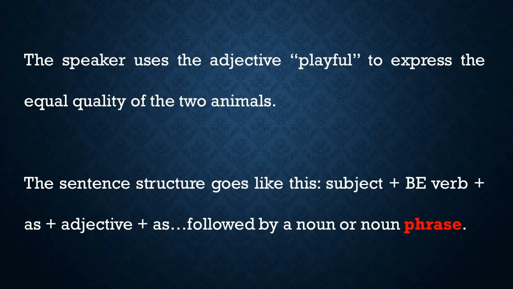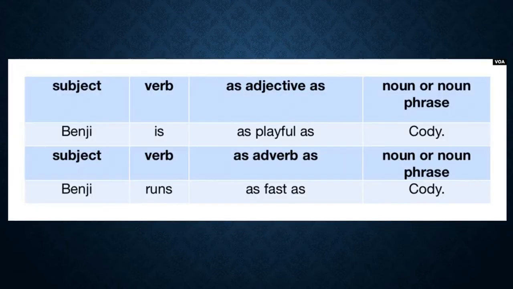The speaker uses the adjective playful to express the equal quality of the two animals. The sentence structure goes like this: subject plus be verb plus as plus adjective plus as, followed by a noun or noun phrase.